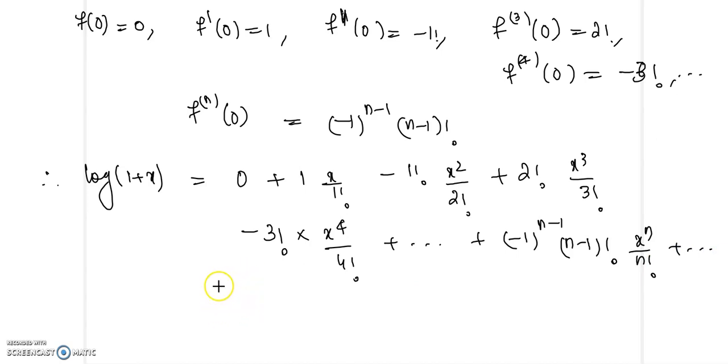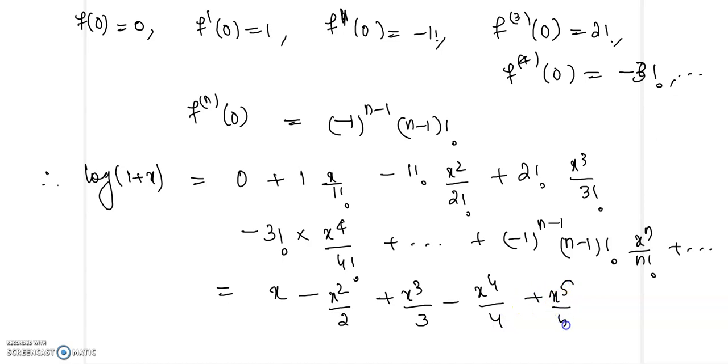So that is going to be equal to, you can see that these factorials will cancel off. So you'll be getting the first term as x, then x square by 2, then the next term plus x cube by 3, minus x raised to 4 by 4 and plus x raised to 5 by 5. So we'll continue that way.